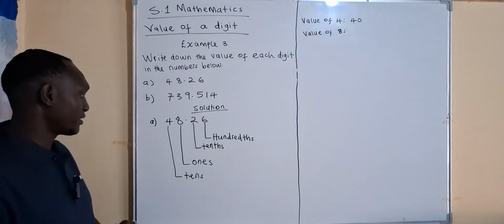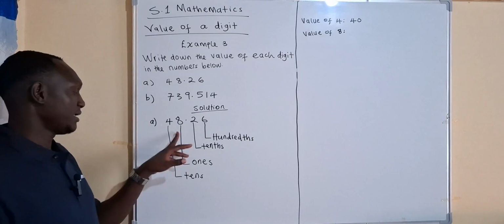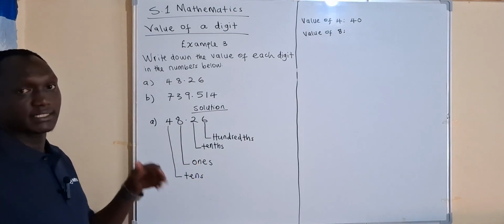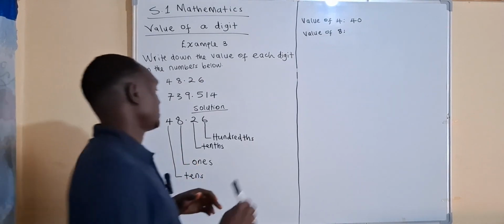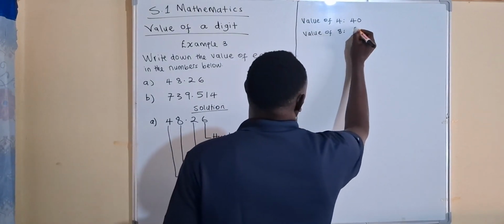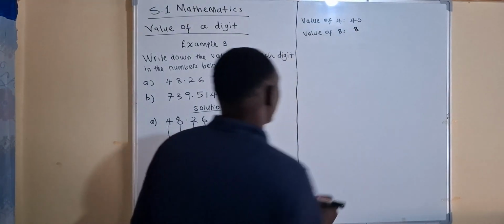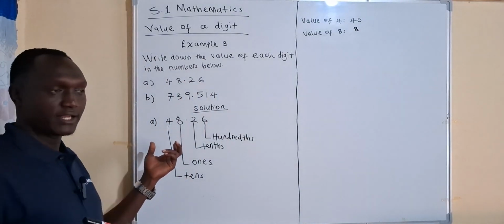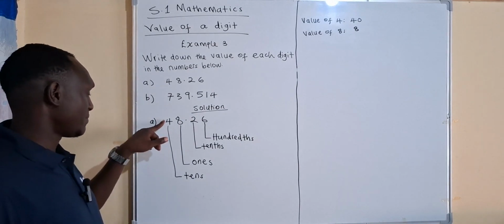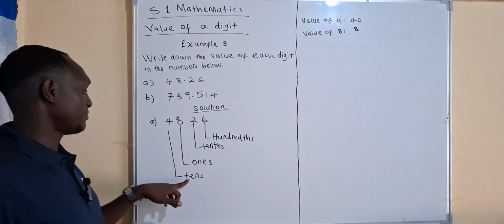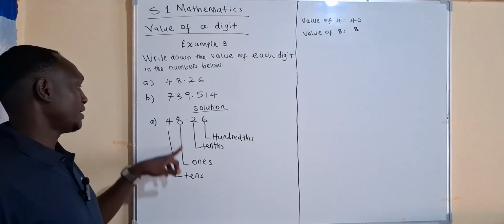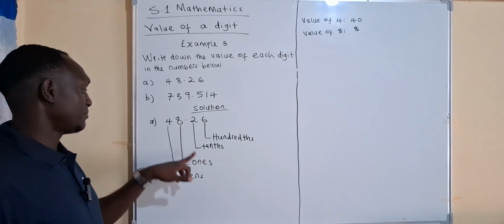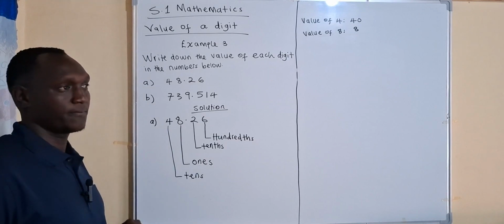Now the value of 8 becomes 8 times 1, which gives us 8. So you have seen that for whole numbers, if we are getting the value, we say that digit times its place value.